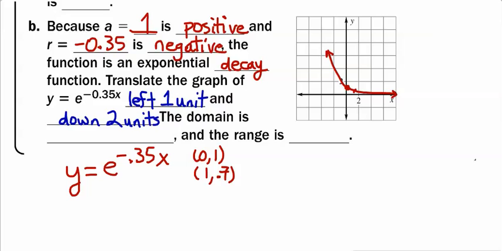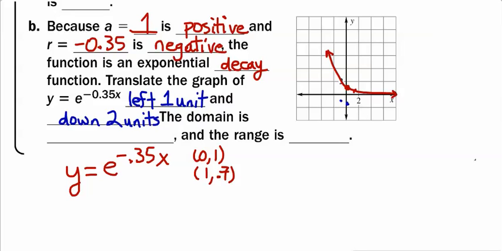We're going to go left 1 unit and down 2 units. Our first dot is there. And then the 1 comma 0.7, you go left 1 unit and down 2 units. It's there.